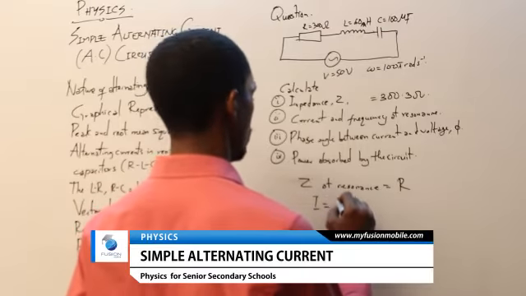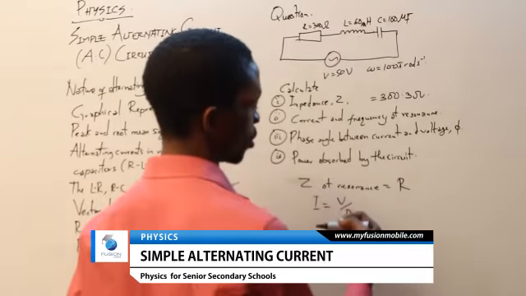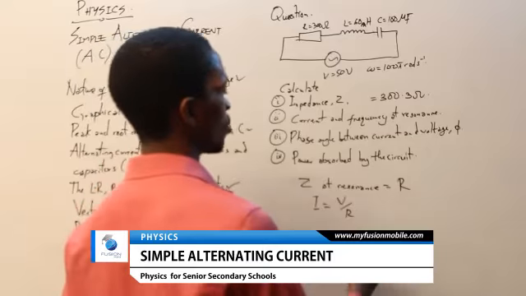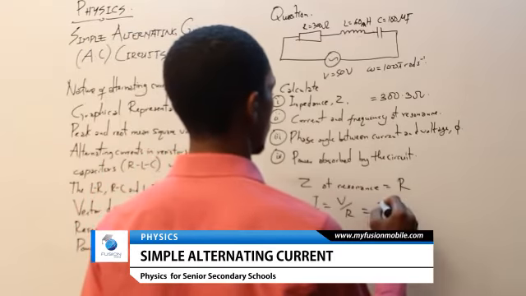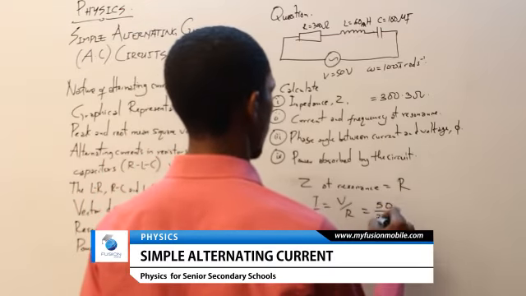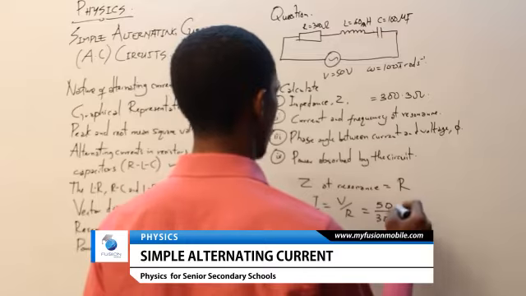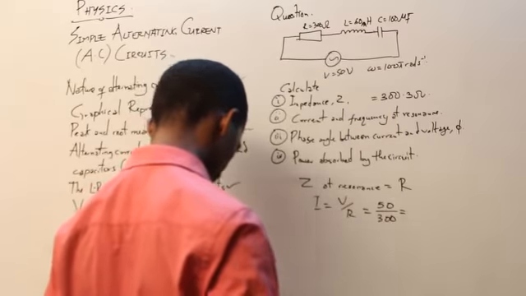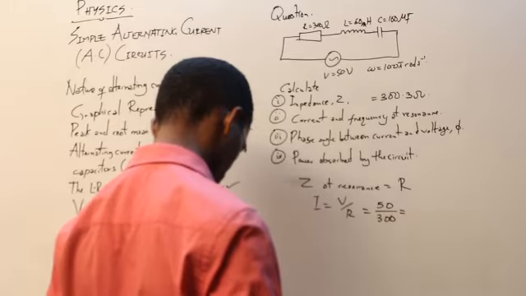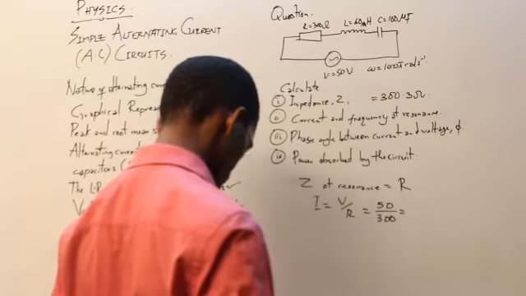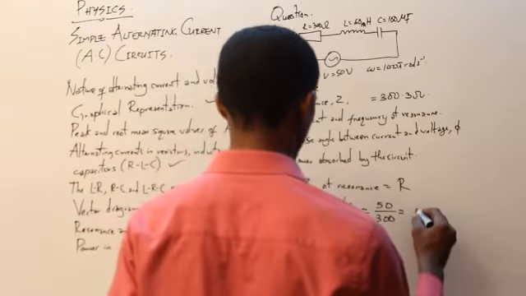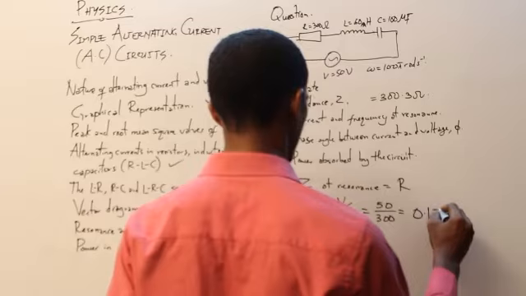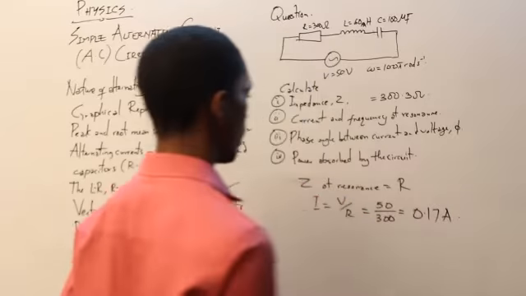So our current I will be equal to V over R, because we're considering impedance at resonance. That will be 50 divided by 300, which gives 0.17 amperes.